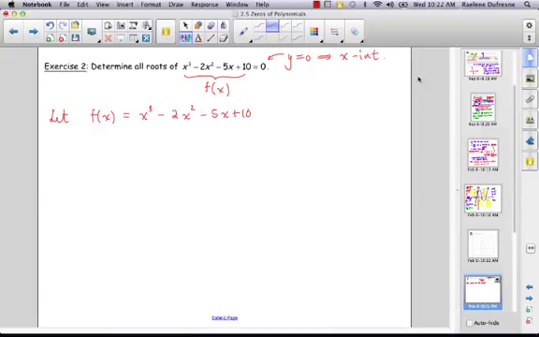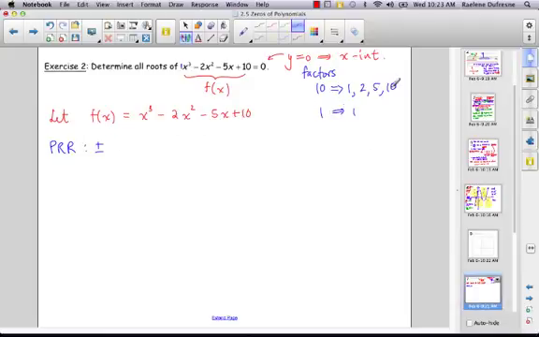Okay, pause the video, try repeating this process from exercise 1 in exercise 2. Okay, so the possible rational roots are going to be plus or minus the factors of the constant divided by the factors of the leading coefficient. The factors of the constant are 1, 2, 5, and 10, and the factor of the leading coefficient 1 is just 1.